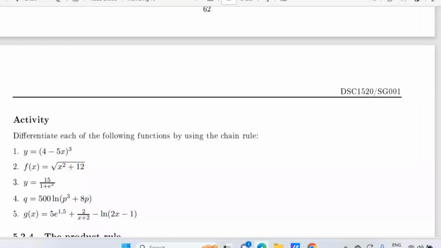Let me start with Diketso. Diketso, please share with us your first term in your final step. When you say first term, are you referring to 5e to the power 1.5? Yes, that is the first term, followed by the next term, which is 2 over x plus 2.